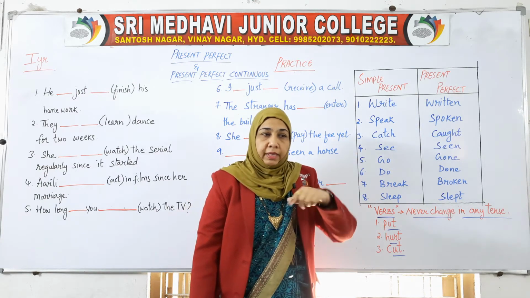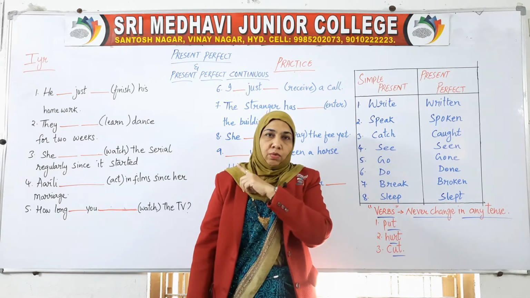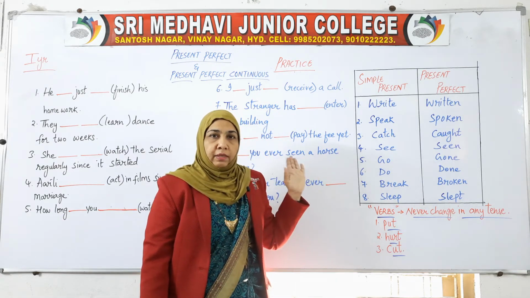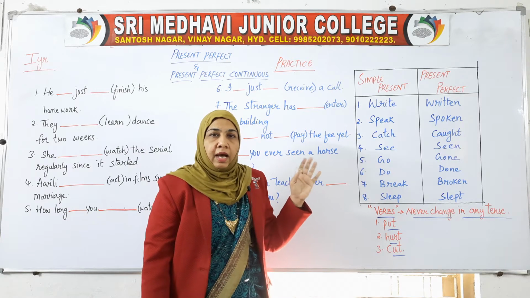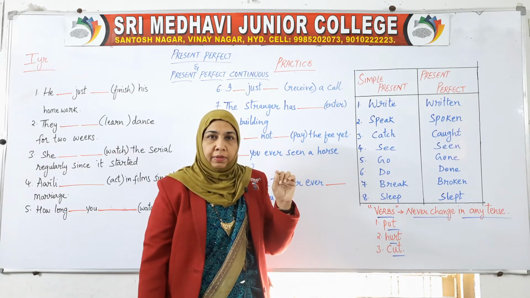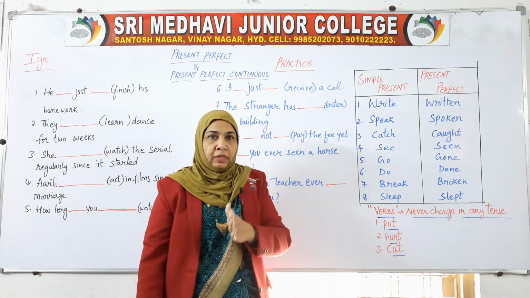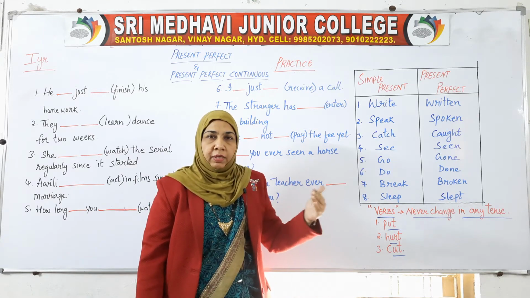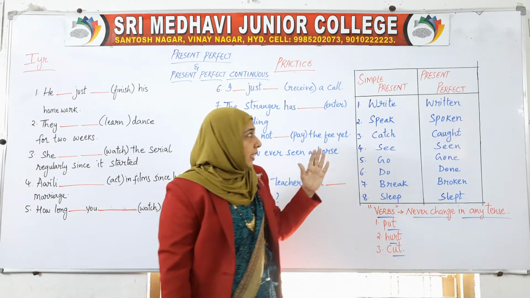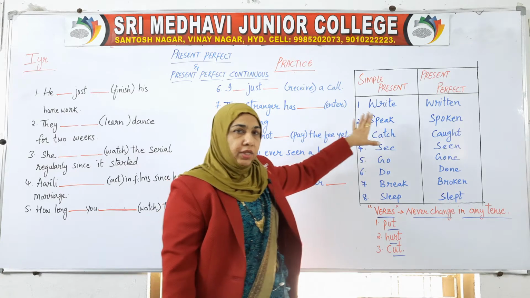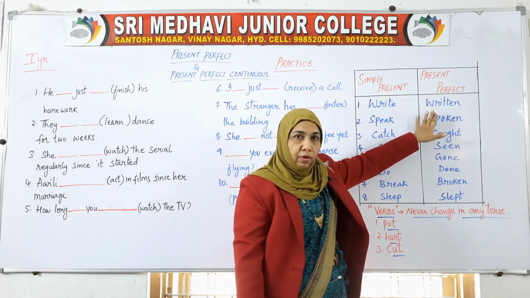If you remember, when I was explaining the categories of present tense, I took the verb keep and it changed into kept. Keep, keeping, kept, it continuously changes. Here also the same thing. Mainly the verb changes more in the perfect tense.